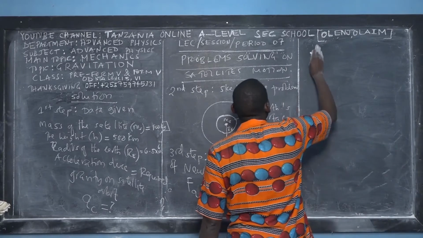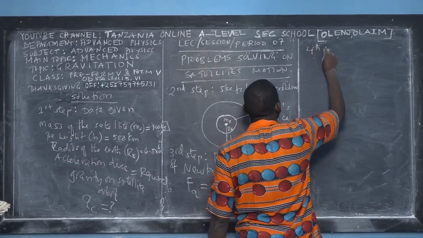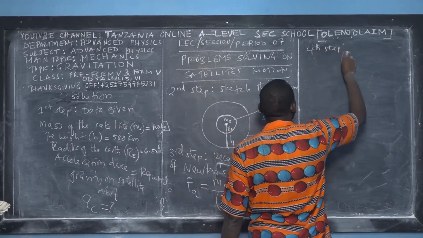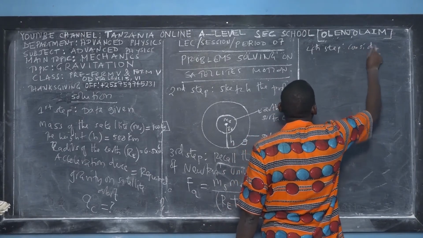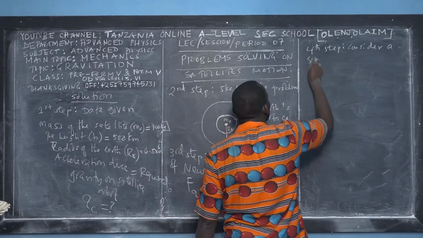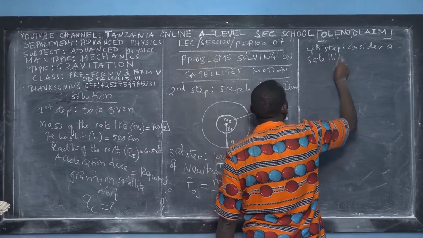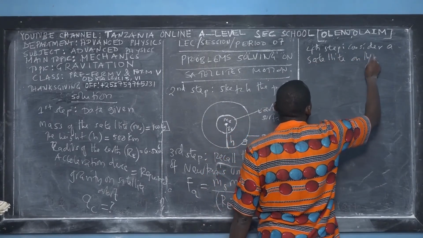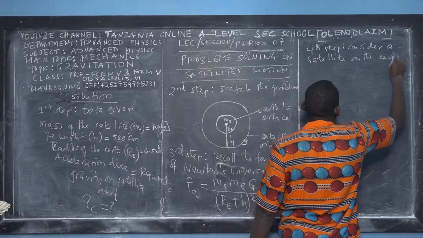So the first step, we say that consider a satellite on the Earth's surface.